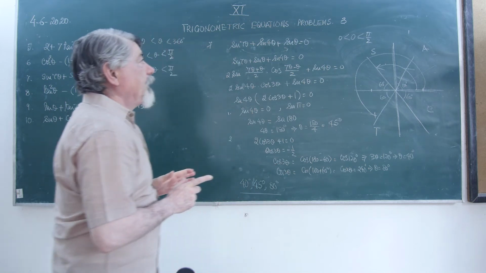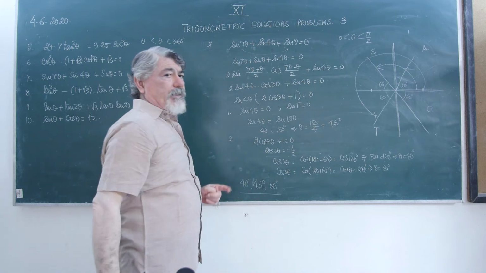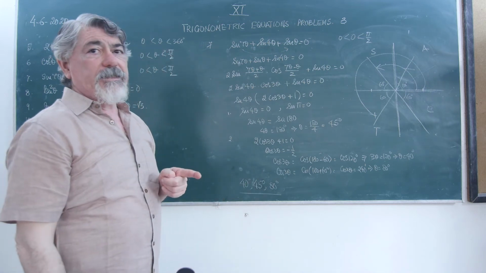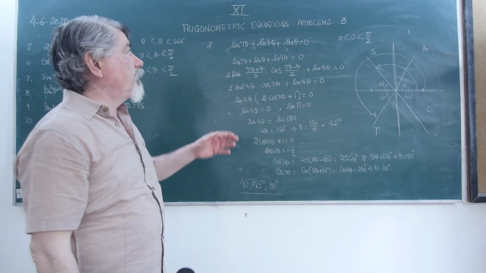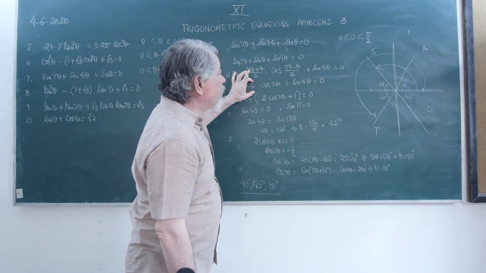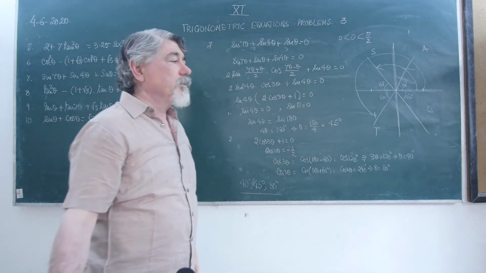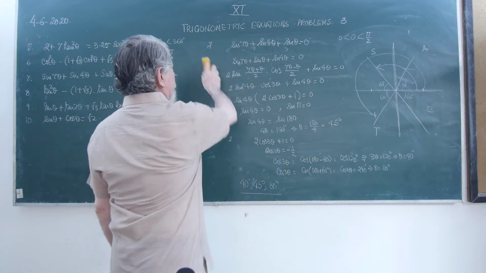So it does not help me. But combining sine 7 theta and sine theta helped me, because 7 theta plus theta is 8 theta, divided by 2 gives 4 theta, and sine 4 theta was here. So I could take out those terms common.